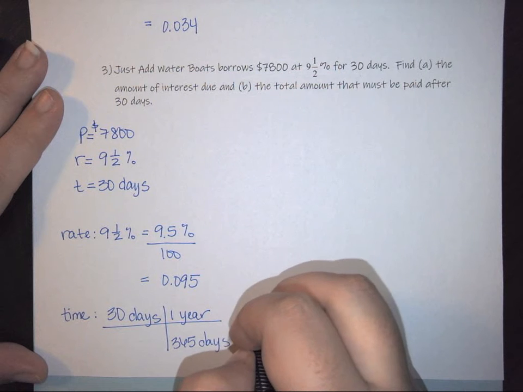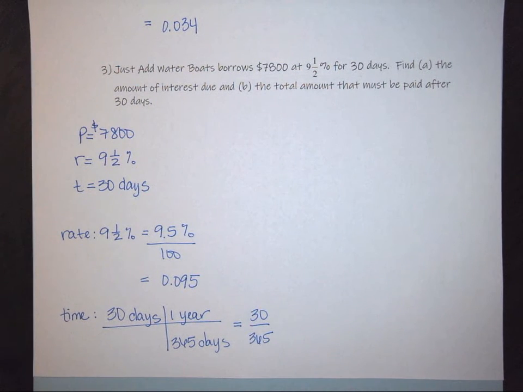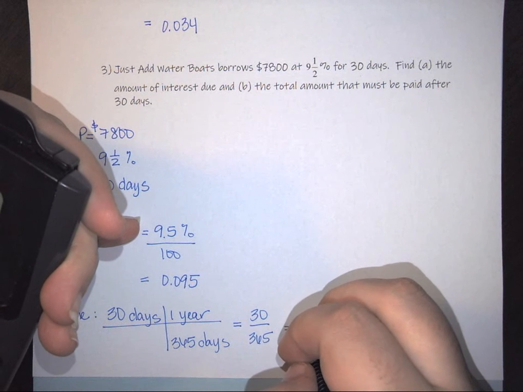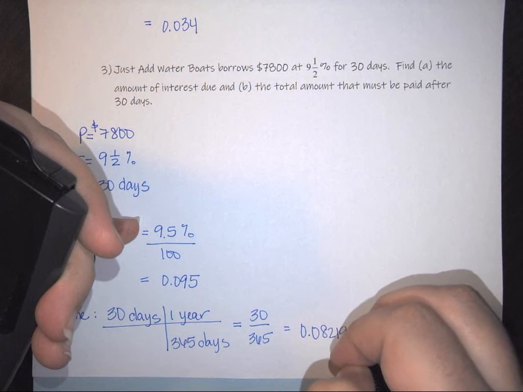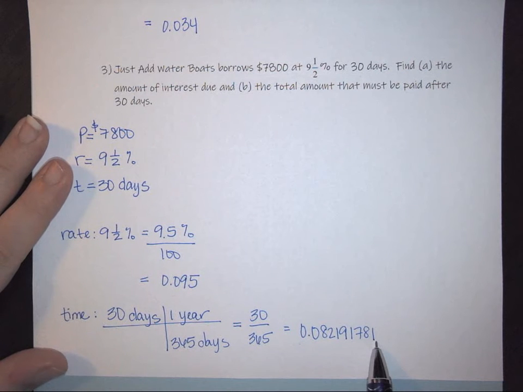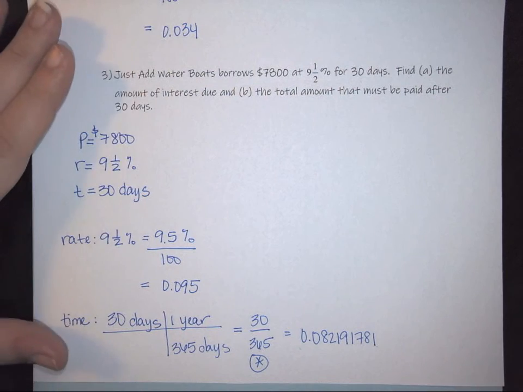So we're either going to just go ahead and use 30 over 365, or if you were to actually do your division, you would come out with a decimal along the lines of 0.082191781. Because this decimal is so long, I would use the fraction form right here instead, just to make sure your answer is as accurate as possible.